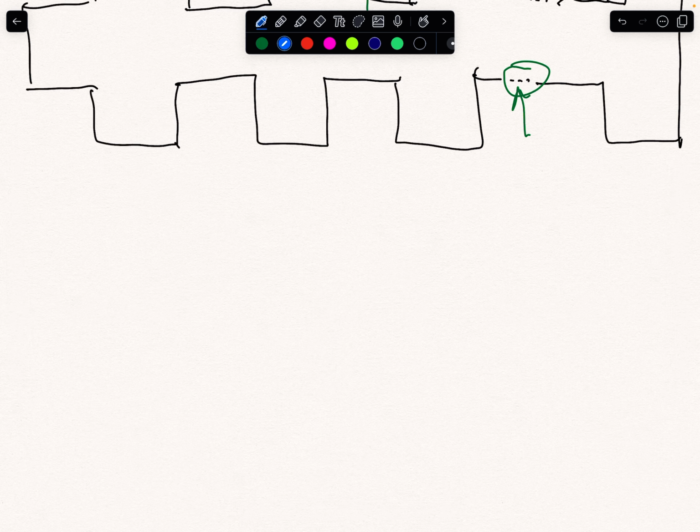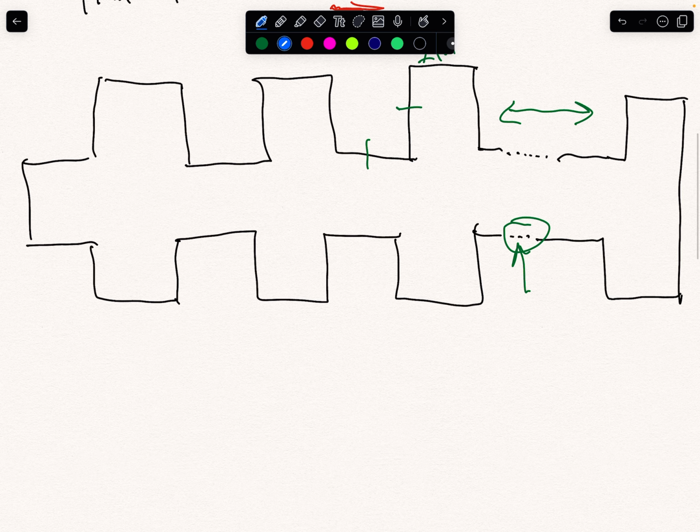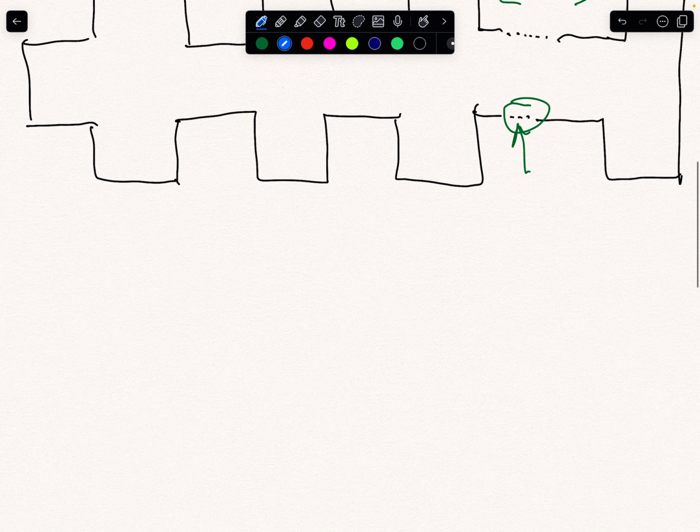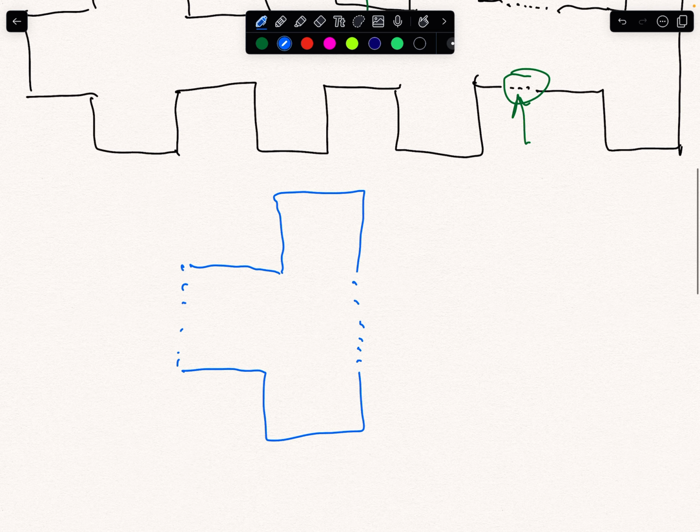The trick to this problem is to realize the figure is just a big pattern of repeating shapes. I'm going to draw one of these shapes. So the figure is made of a lot of these shapes connected to each other.